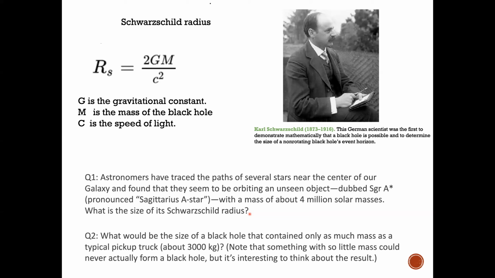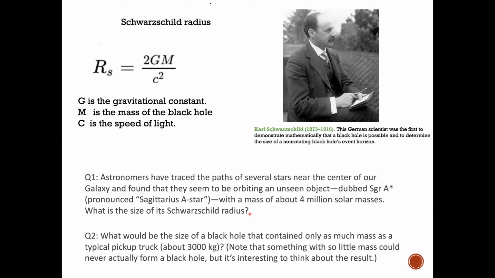And the second question is, what would be the size of a black hole that contained only as much mass as a typical pickup truck, which is about 3,000 kilograms, right? And something that you need to note here is that something with so little mass could never actually form a black hole, but it is interesting to think about the result, right?